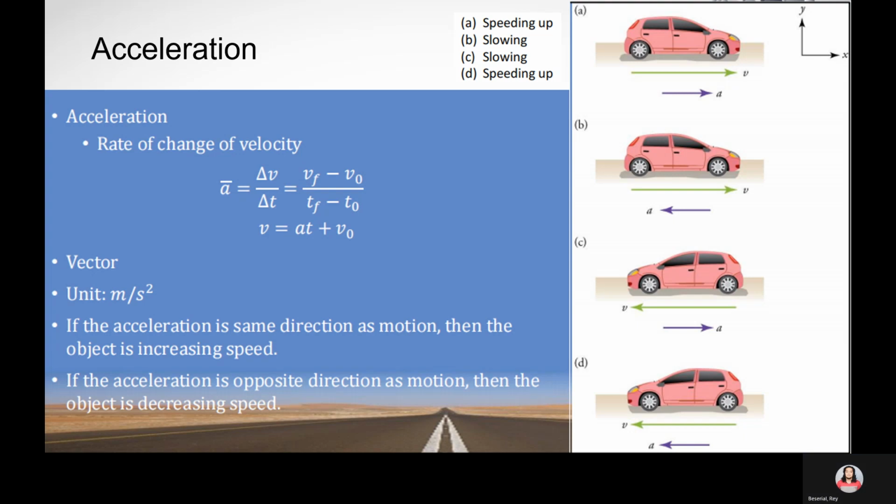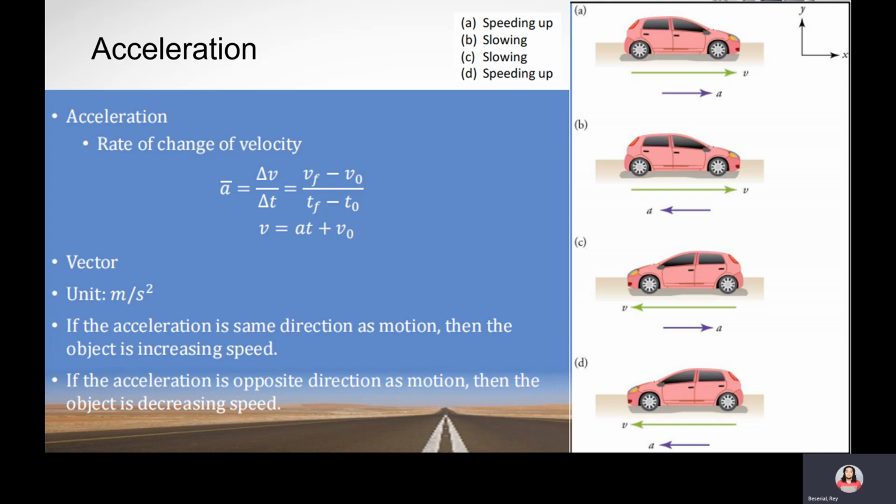Okay. So, for this topic, since acceleration ang ating topic, ang ating velocity makukuha natin with the formula na acceleration times time plus yung ating initial velocity. Okay. So yung acceleration is a vector quantity. Yung unit niya is meter per second squared.